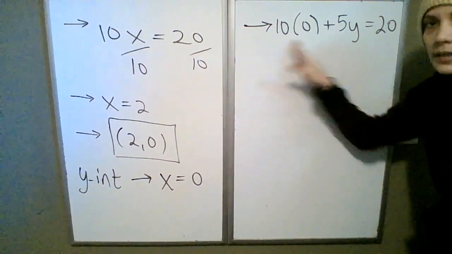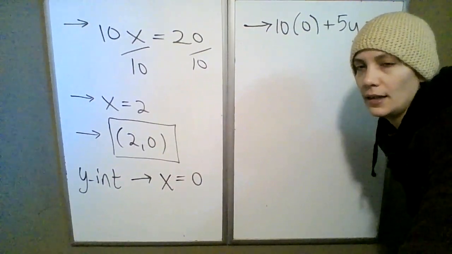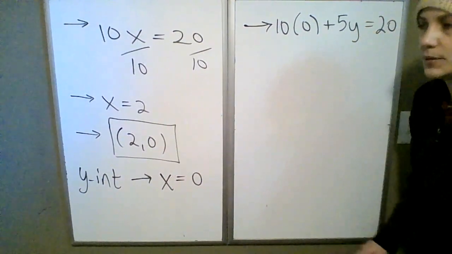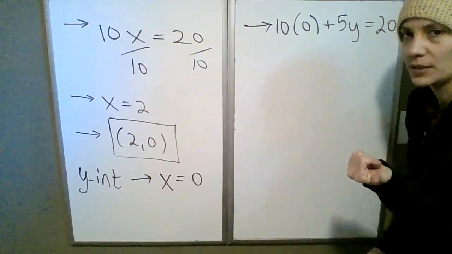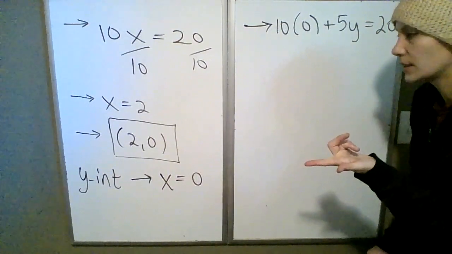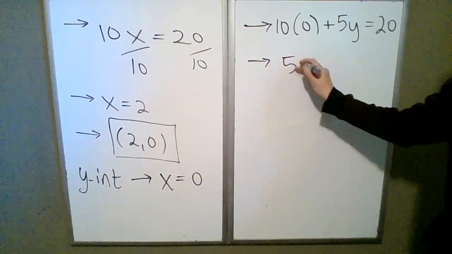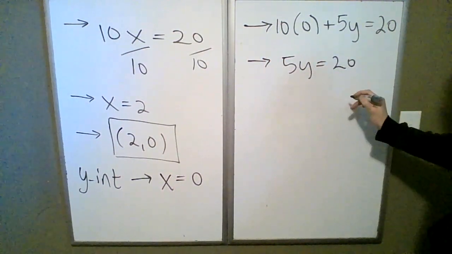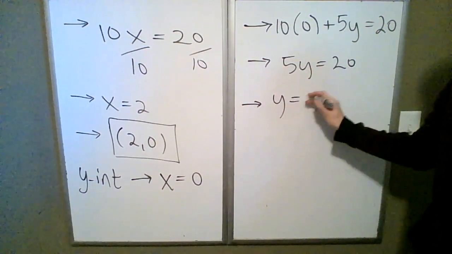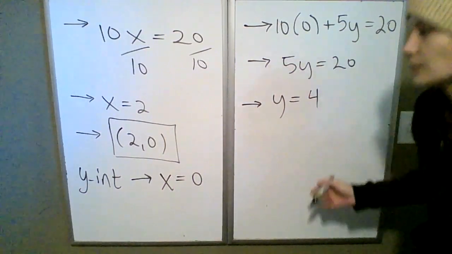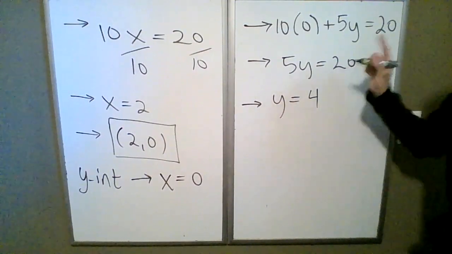So this is a 0, y, and it's equal to, oh, so there's a question about y, 0. I'm going to finish the problem, then I'll explain why you pick 0 for intercepts. 5y equals 20. Y would equal 4. You could put 4, or put 0, 4. X is equal to 0.